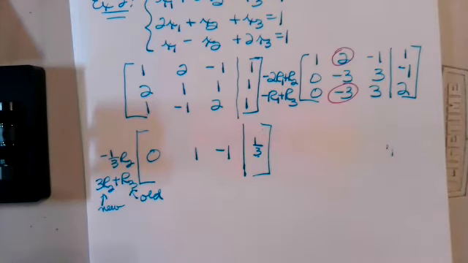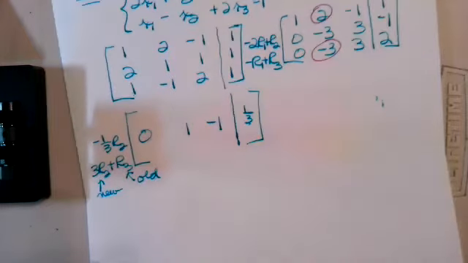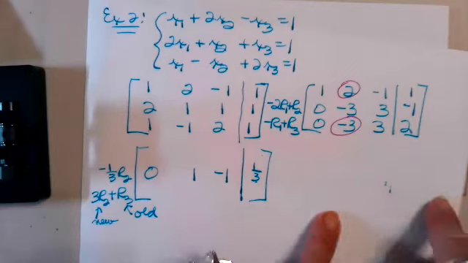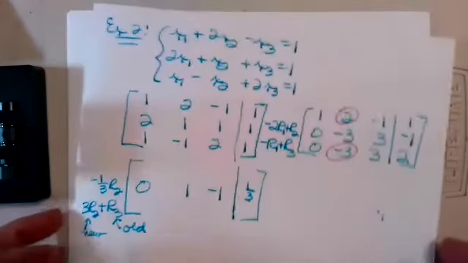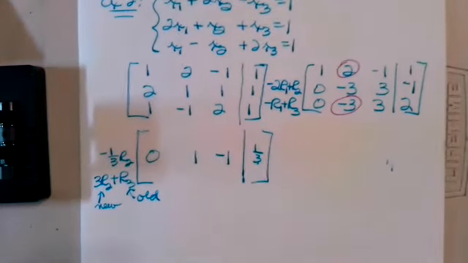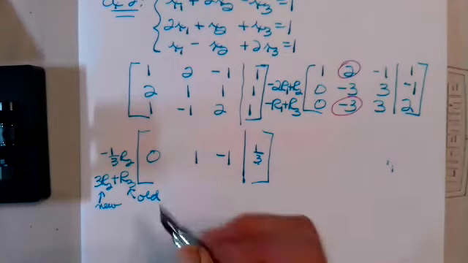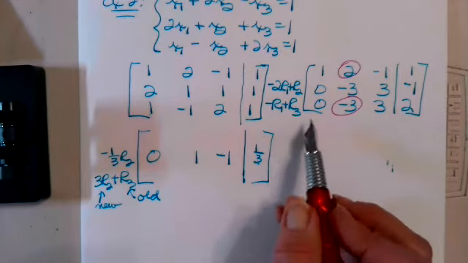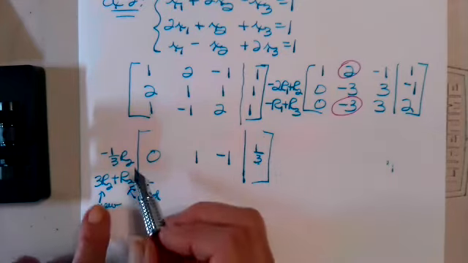Saves you a little bit of writing. If that confuses you, you can always recopy row 1 and row 2 and then go to a new matrix. And then you'll probably begin to switch after a while because you'll get really used to this method. It seems like a lot at first, but this is really very simple and very quick once you get used to it.